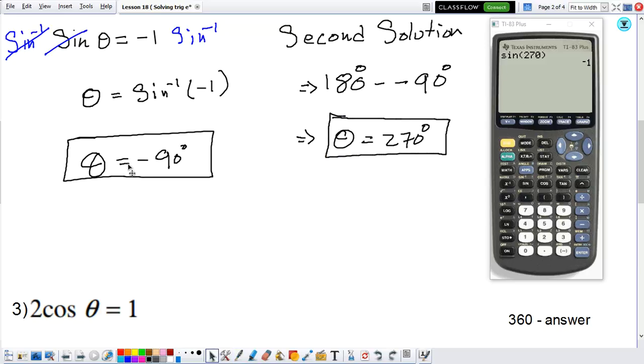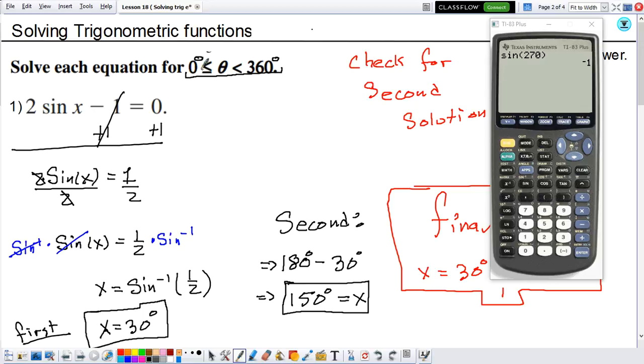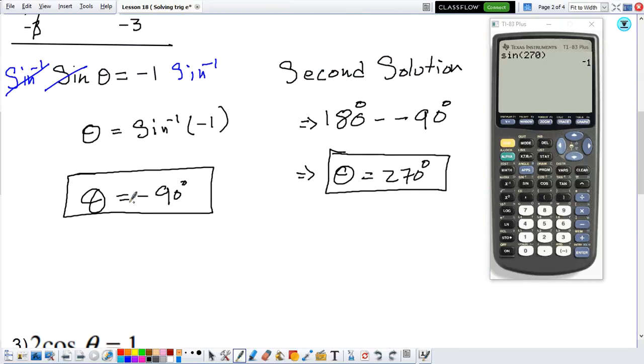But now, are both of them going to be my solutions? No, they're not, because we got to remember what was the restriction here. We want only the angles which are between 0 and 360 degrees. Negative 90 is not between 0 and 360, so my only answer here is when theta is equal to 270 degrees.